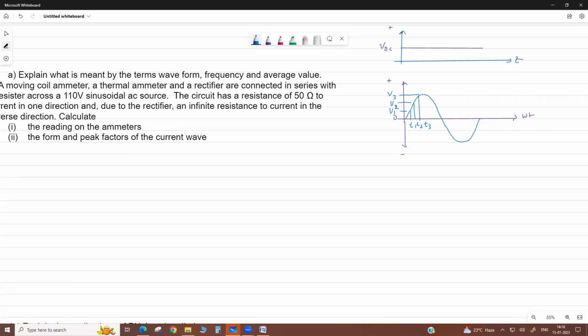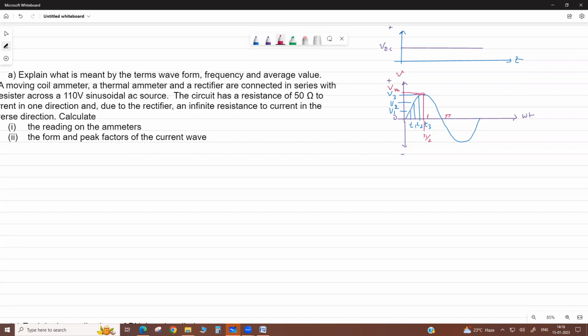The maximum value occurs at this time T4. It starts at 0, then goes to pi, so here it is pi by 2, 90 degrees. This value occurs as the peak value, Vm, the maximum value.